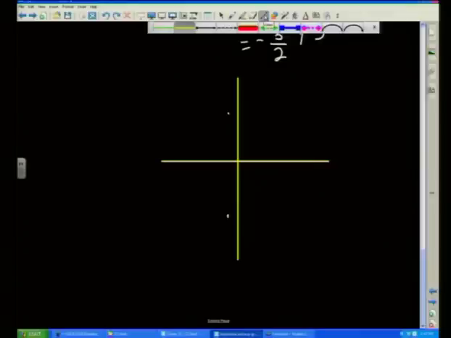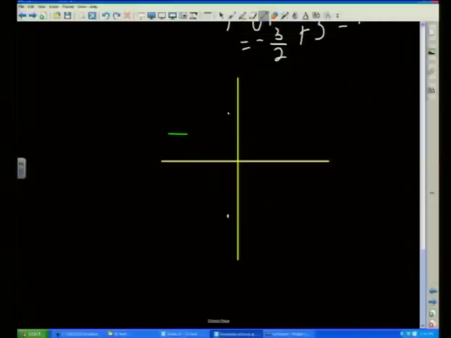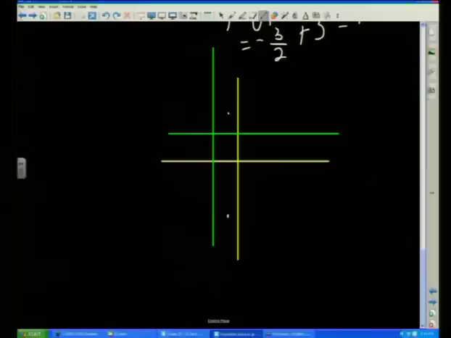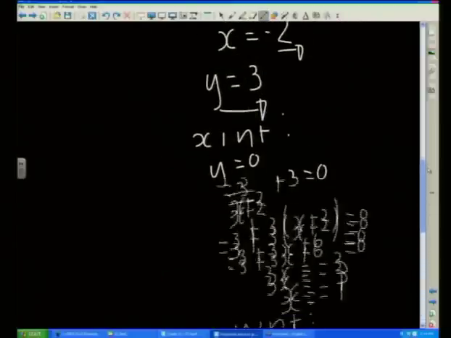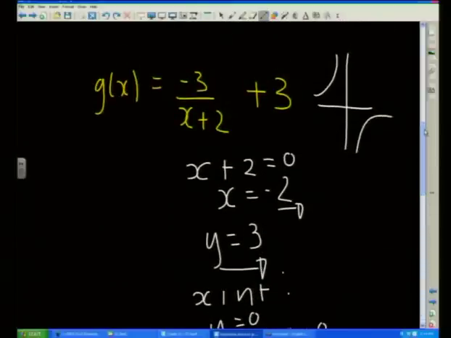Let's just use the green. We've got an asymptote at y is equal to 3. So that's somewhere there. And then we've got an asymptote at x is equal to minus 2. So that's somewhere there. All right, remember the shape of the graph we've already seen before. It's going to look like that. That's the shape that we're looking at.